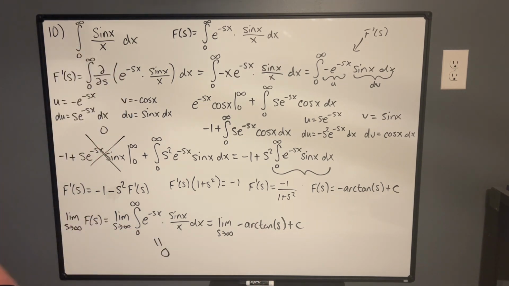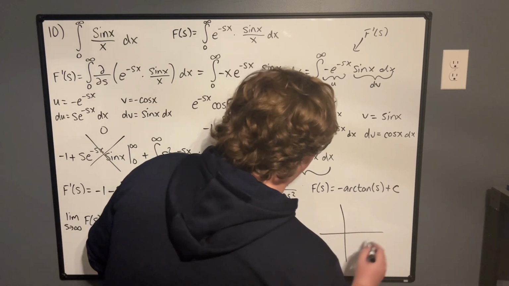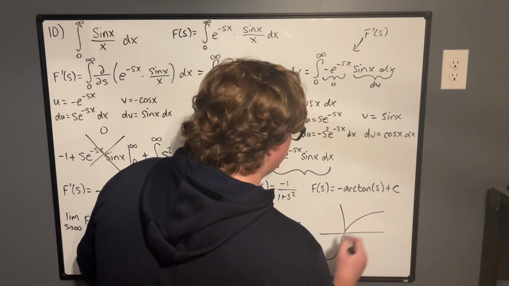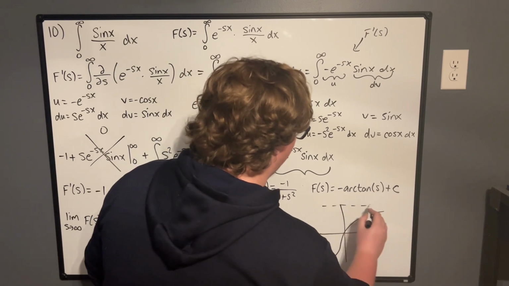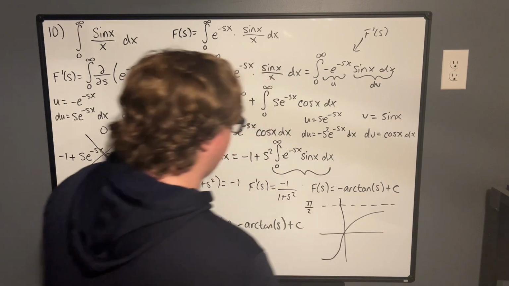But we know that the limit as s goes to infinity of negative arctan, well, if we look at the arctan graph, so let's put this right here. The graph of arctan, it's a little funky, but it ends up looking something like this, and it has this horizontal asymptote here at pi over 2.